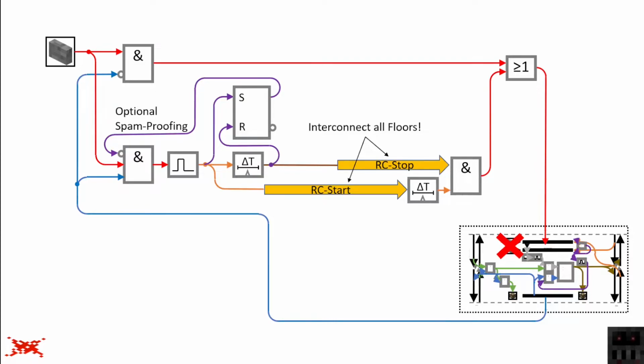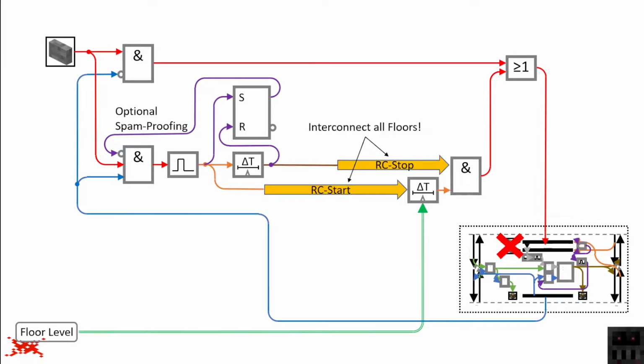Now there is still the analog side of this whole thing missing. And that is basically, how do I set those delays? On the receiving side, it's pretty simple. I only need a constant analog signal to set this to a specific floor, or to program the floor so it knows which floor it actually is.